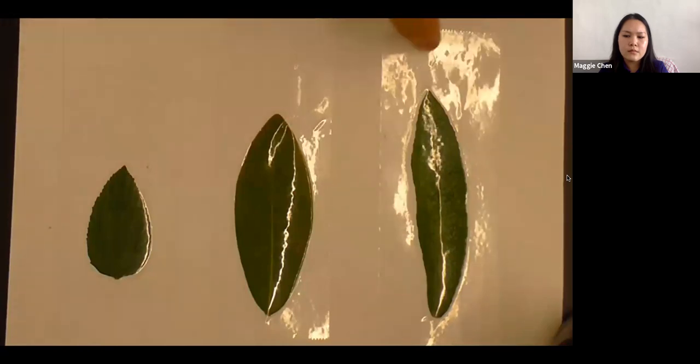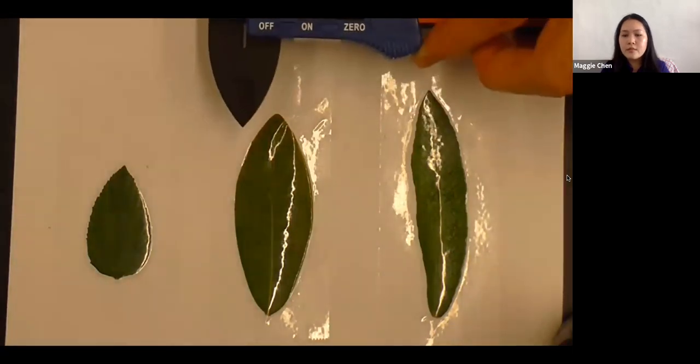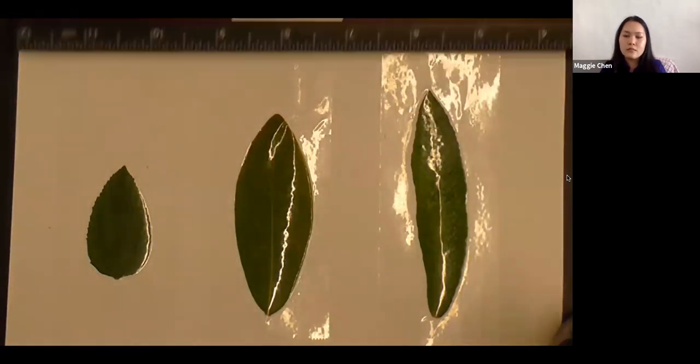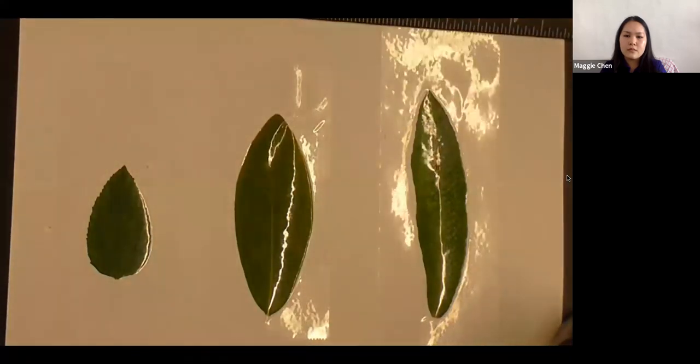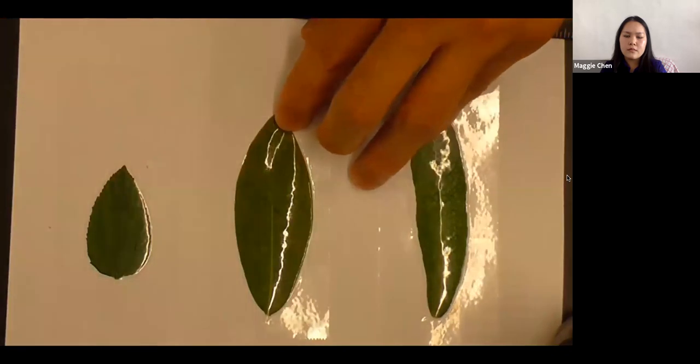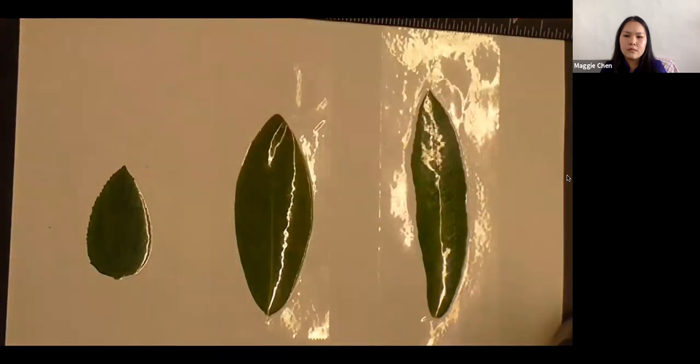And all 3 of these are native to California, to Northern California, and they can be found actually all over campus at USF here. So what I will be doing today is just demonstrating in this video measurement techniques for our ruler and our caliper with the California bay laurel.